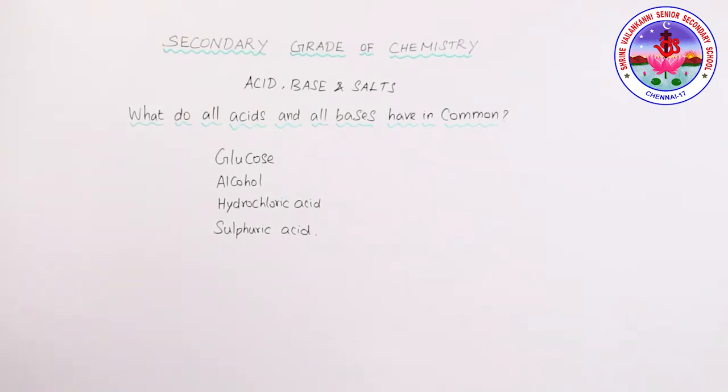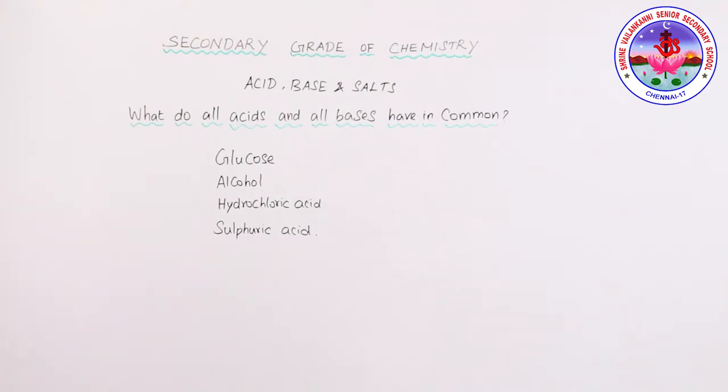Now pour some dilute hydrochloric acid and switch on. Repeat with sulfuric acid also, and repeat with glucose and alcohol also. What happens? Why will the bulb start glowing in the case of acids?